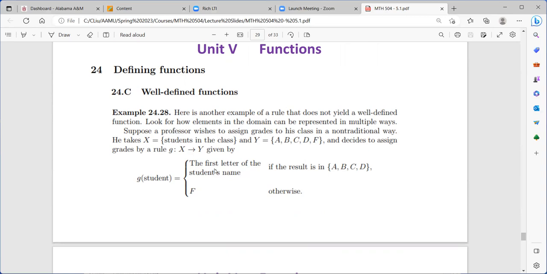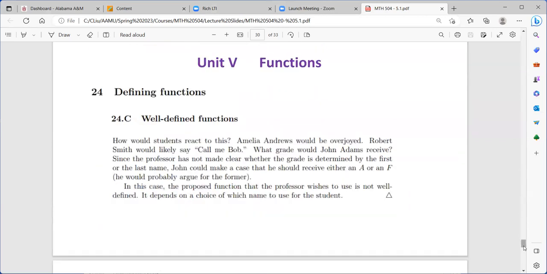He just said the first letter of the student's name, but you would typically have the first name and the last name. So it did not specify which one it refers to, right? So that makes the confusion that results in something not well defined. Okay.